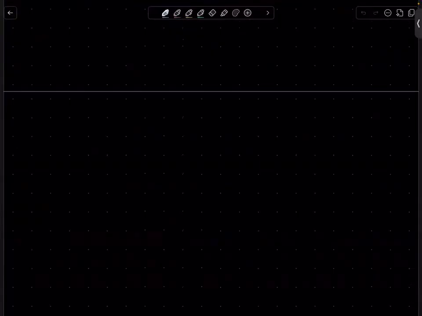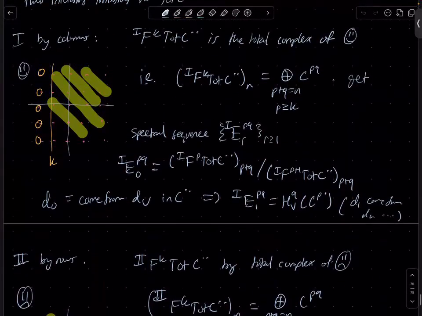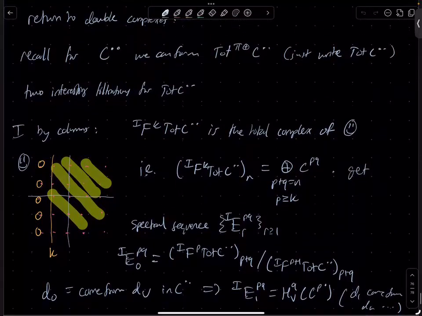Okay, so last time I just want to summarize basically. So we can start with a double complex and we can filter the total complex in two different ways.